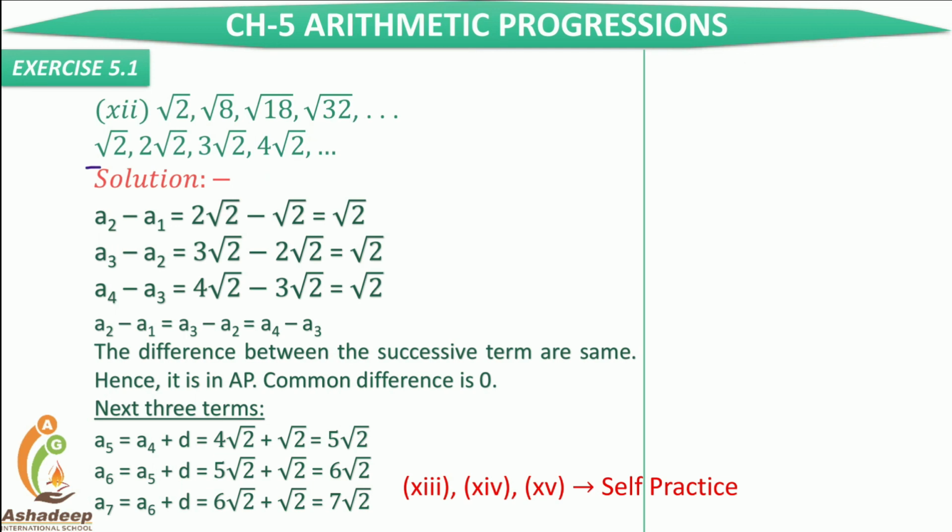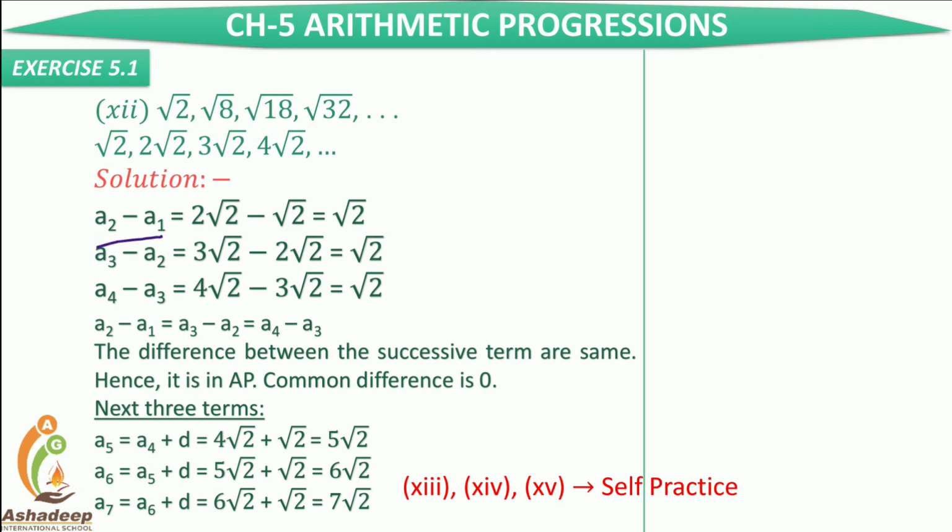It is simple. Root 2, add 1 root 2, 2 root 2, add 1 root 2, 3 root 2, add 1 root 2, 4 root 2. So it is in AP. By seeing it at first, you might say it is not in AP, but by simplification, you come to know that it is in AP. So first of all, in mathematics, simplify the sum and then solve, and then conclude anything.